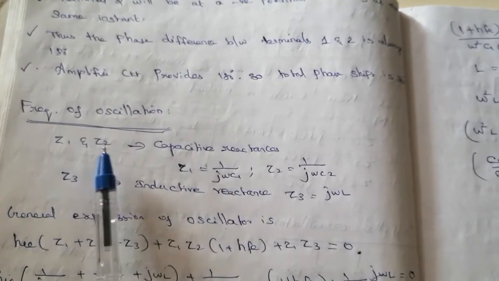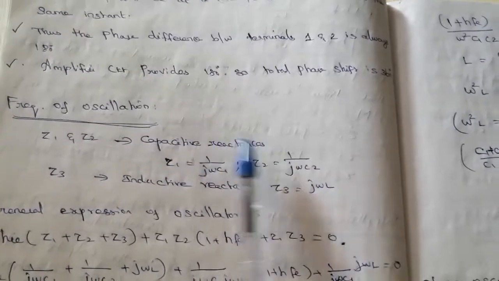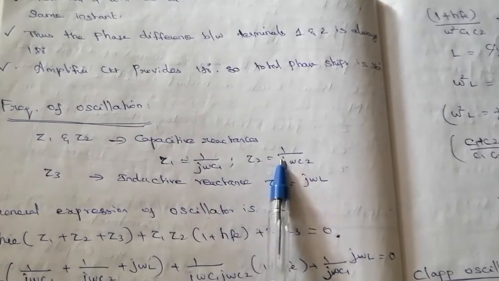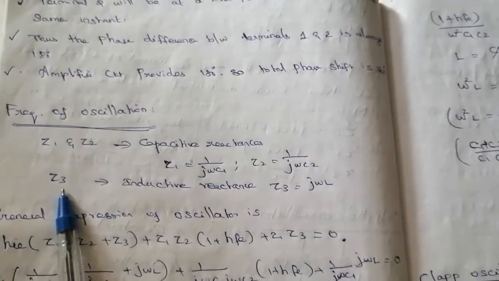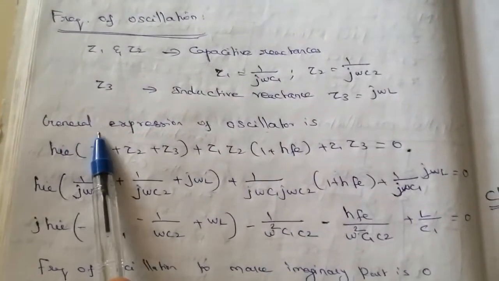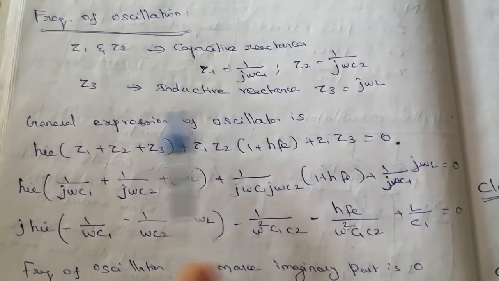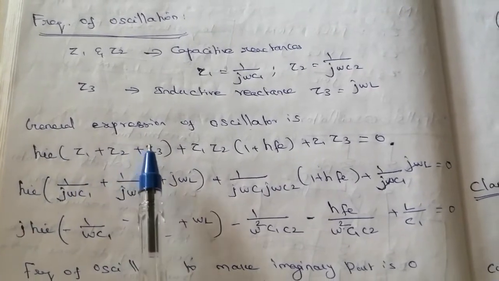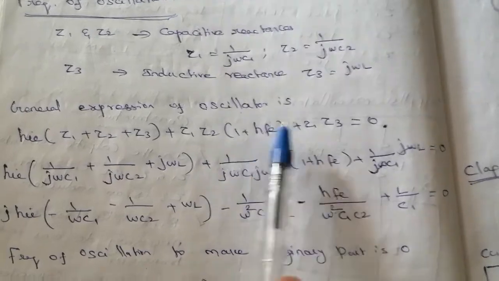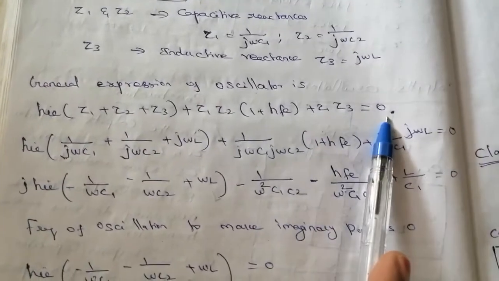We know Z1 and Z2 are capacitive reactances. So Z1 equals 1 by j omega C1 and Z2 equals 1 by j omega C2, where Z3 is the inductive reactance, which is nothing but j omega L. Already we know the general expression of the oscillator: HIE (Z1 plus Z2 plus Z3) plus Z1 Z2 (1 plus HFE) plus Z1 Z3 equals 0.